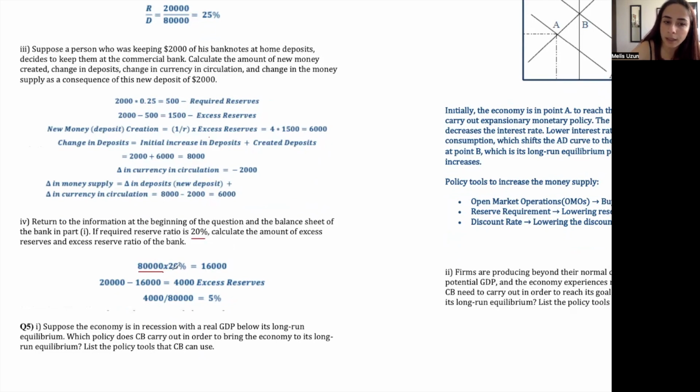If we multiply them, we will find the new required reserves. So they are equal to 16,000. We already know our reserves are equal to 20,000. If we subtract the new required reserves from reserves, we will find the excess reserves. They are equal to 4,000. And if you divide excess reserves by deposits, you will find the excess reserve ratio of the bank. So it is 5%.